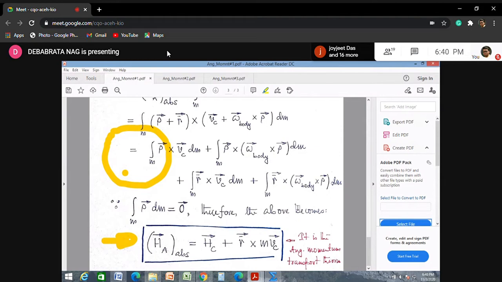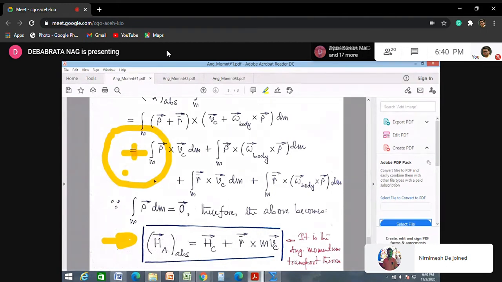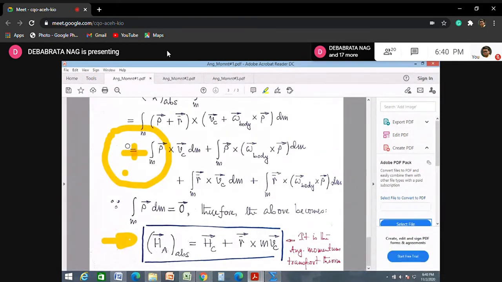So in this momentum transport theorem, firstly you should locate where is the center of mass of the body. Then you should calculate the relative angular momentum of this body about the center of mass. Now when it is center of mass, it is immaterial whether I am saying it is relative or absolute.